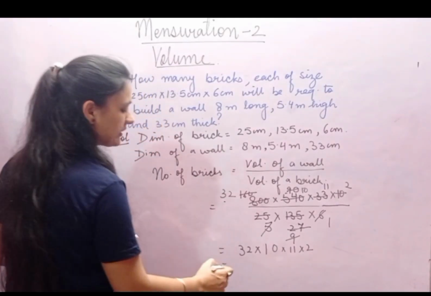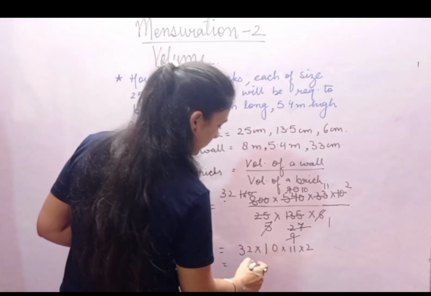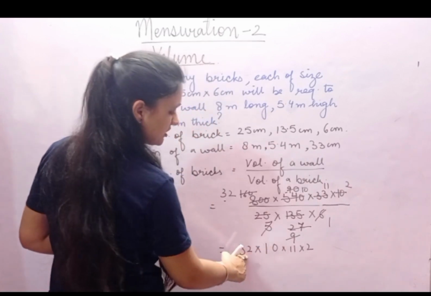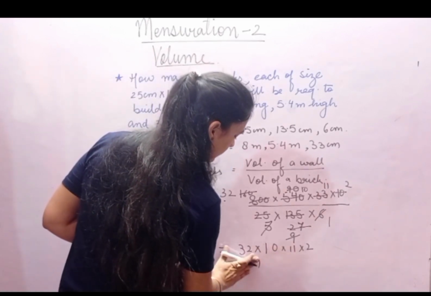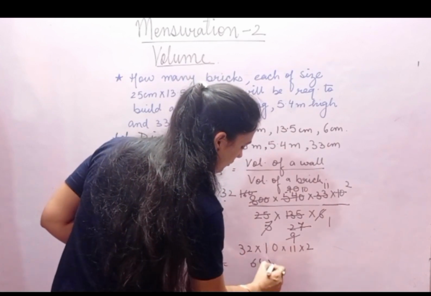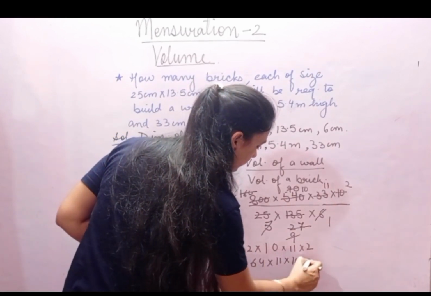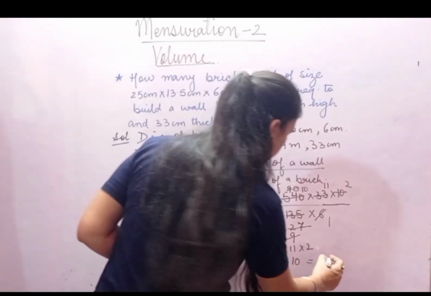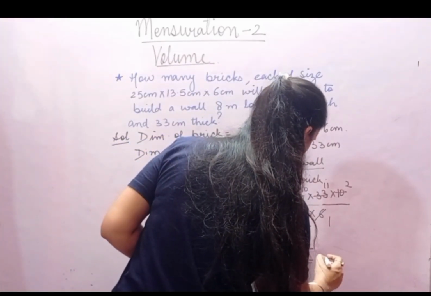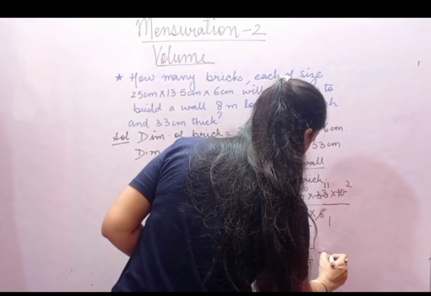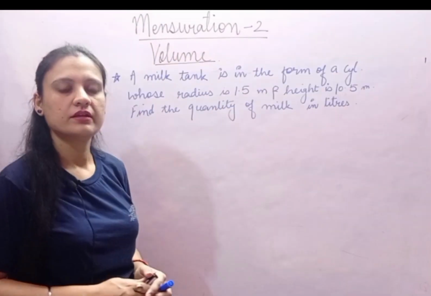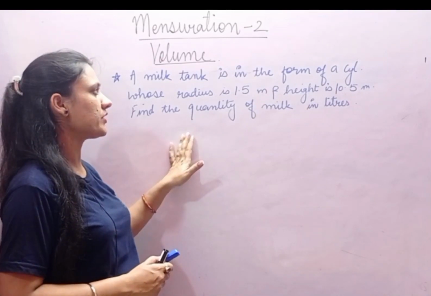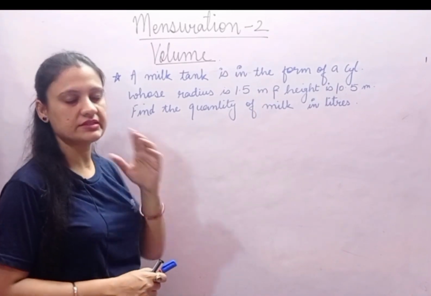So just multiply and get the answer. 32 into 2 is 64. 64 multiplied by 11 and then 10. When you multiply, it will be 704 and 0, 7040.